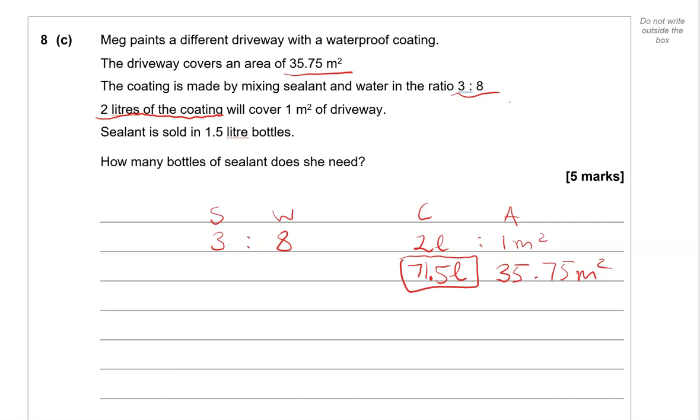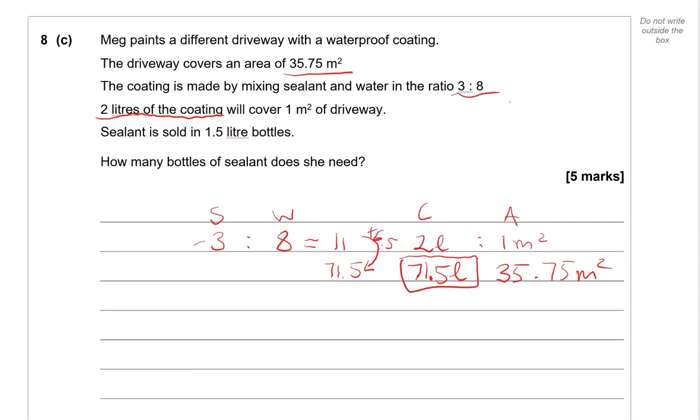So let's go back to the ratio now to help us with that, because we need to work out how much sealant is needed. So this is the total mixture, the coating. So we're looking at the units overall. 3 and 8, that is 11 units. What if we need 71.5? So what do we multiply 11 by to get 71.5? In the calculator, if you do 71.5 divided by 11, it gives you 6.5.